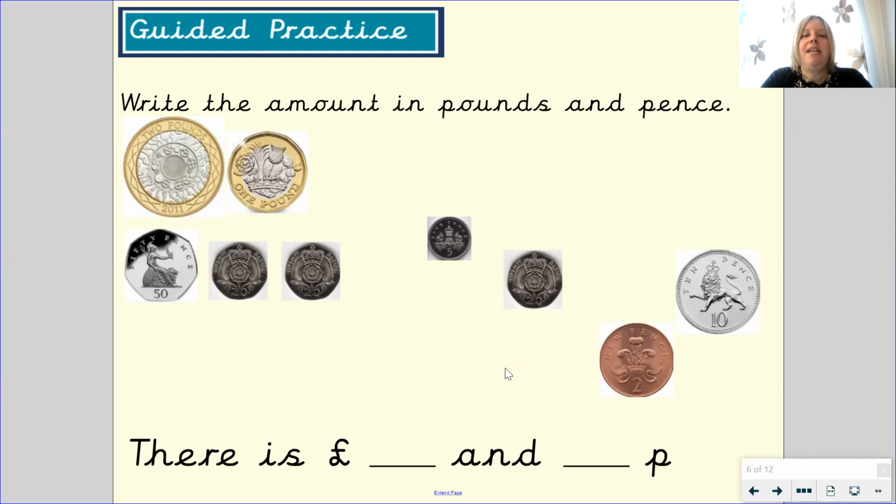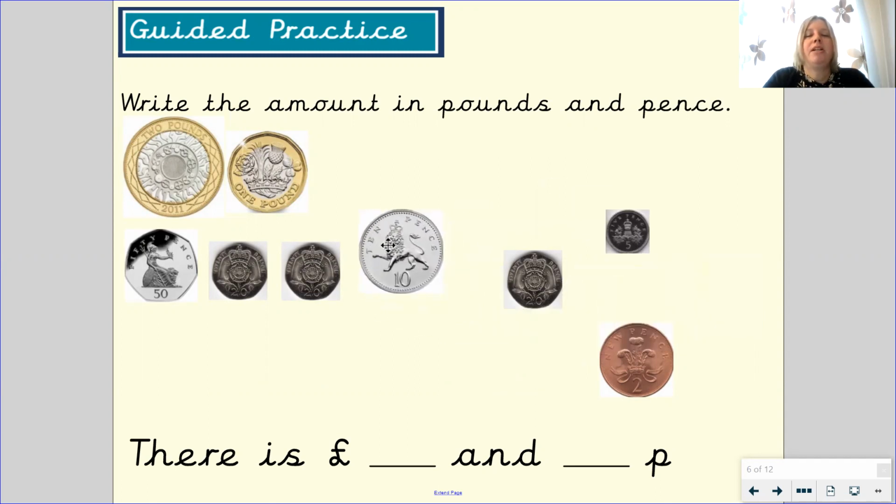So I'm getting nearer to making 100 pence. Which coin could I use to help me to make 100 pence? I could take my 10 pence coin. So I've made another pound.